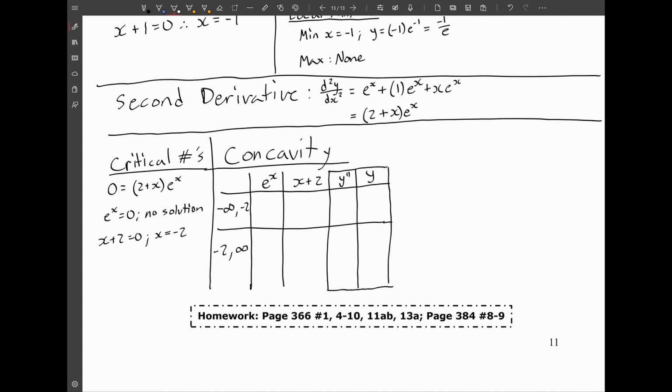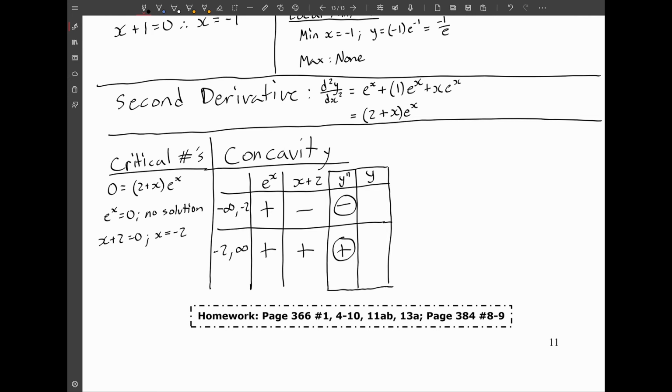So what we've got is that, yet again, e to the power of x is positive in both cases. But x plus 2 is negative from negative infinity to negative 2, and positive from negative 2 to infinity. That means that our second derivative is negative over the interval negative infinity to negative 2, and is positive over the interval negative 2 to infinity, since positive times negative is negative, positive times positive is positive.